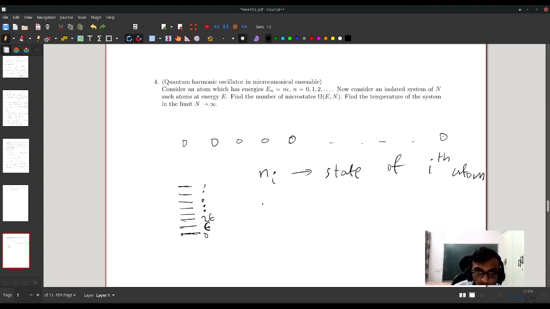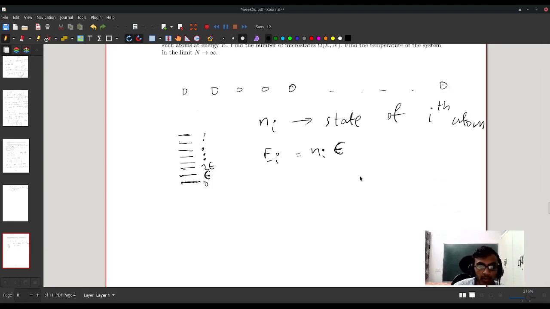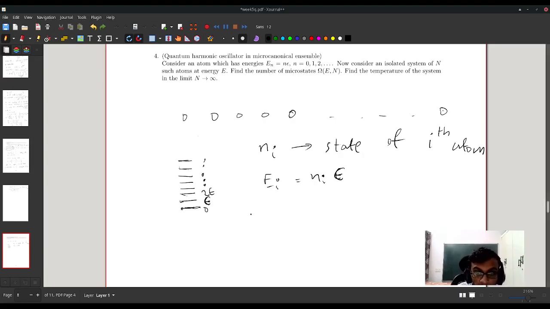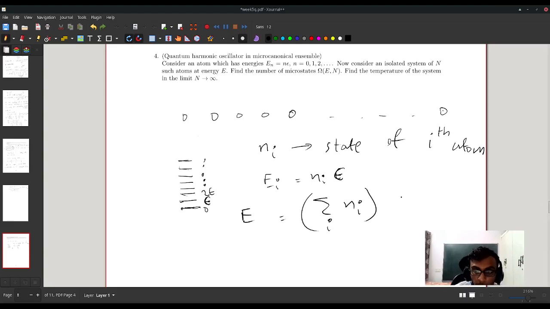Then the energy of the ith object is going to be Ni times epsilon. And the total energy is a sum of these energies, so that is going to be the sum over i of Ni times epsilon.